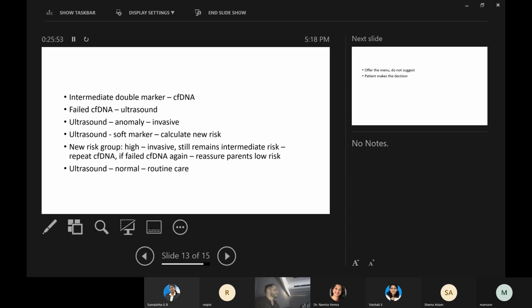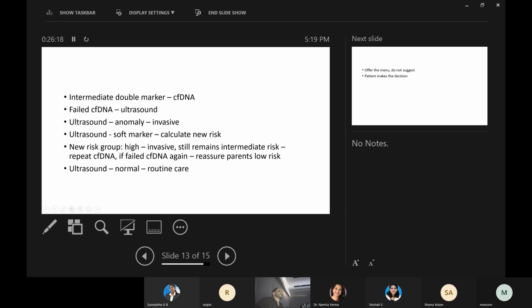And again, these are the same patients in whom amnio will be difficult. So ultimately, we will be left with nothing, no risk assessment. So this is the problem of going directly for NIPT. The better protocol is to do a combined screening first, and then if that is showing intermediate risk, go for NIPT, so that you will have something to fall back upon in case NIPT fails.